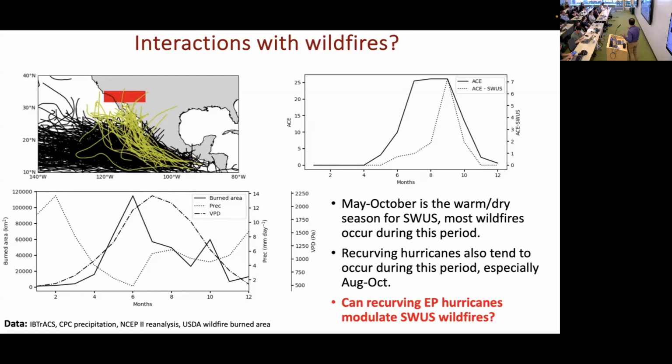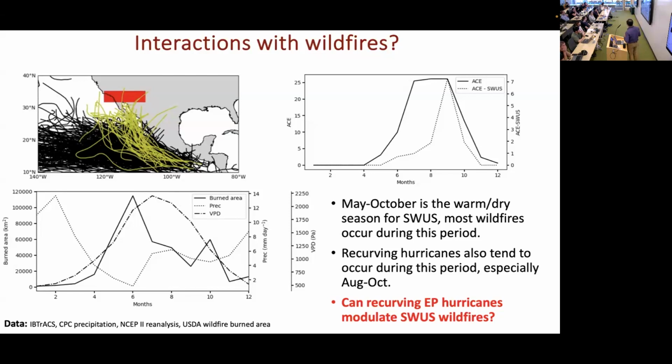You don't receive much precipitation. Consistent with that, the vapor pressure deficit also increases during that period. So these are dry conditions which are favorable for wildfires, which is reflected in the seasonal cycle of wildfires. Most of the wildfires occur during this period.